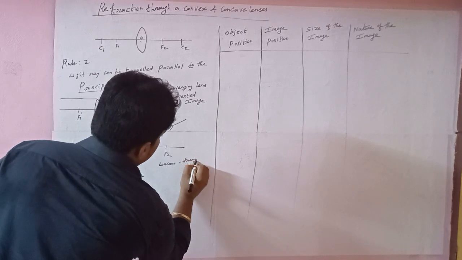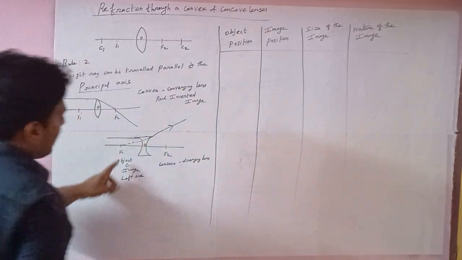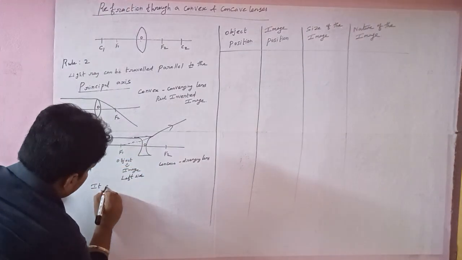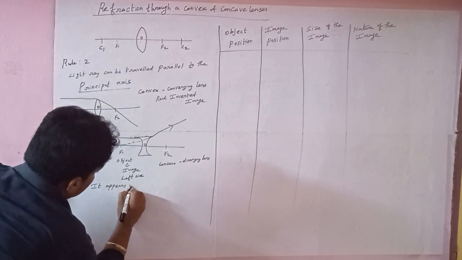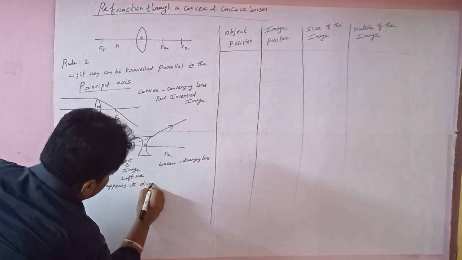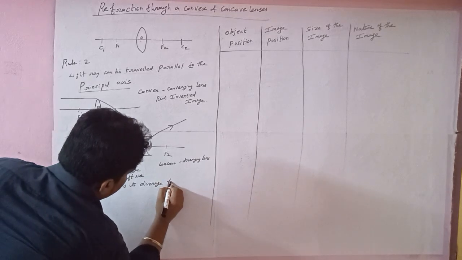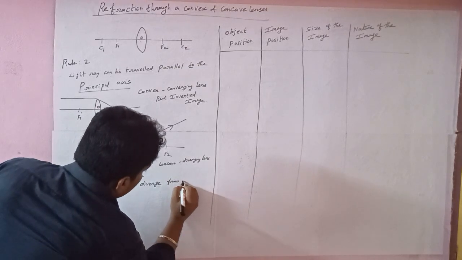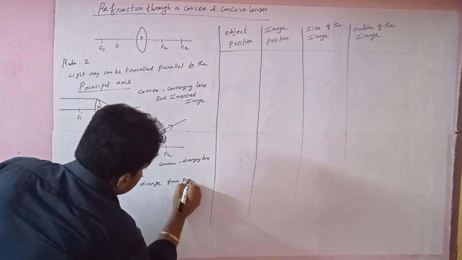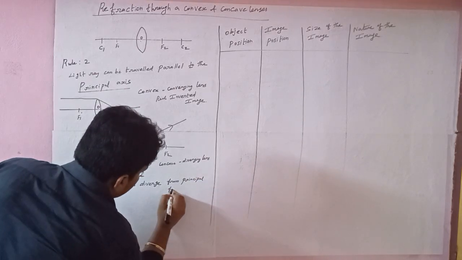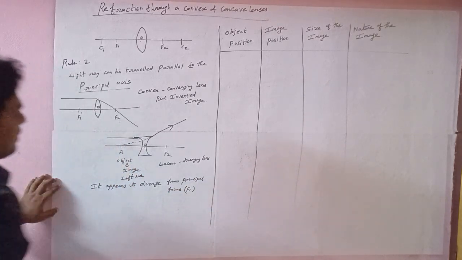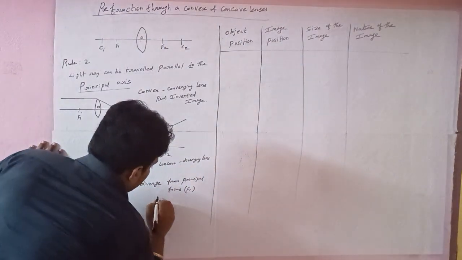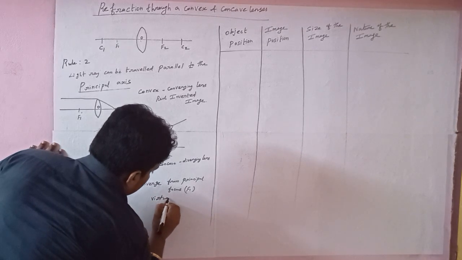Note it down: it appears to diverge from the principal focus F1, because the concave lens is the diverging lens. We will get a virtual and erect image.